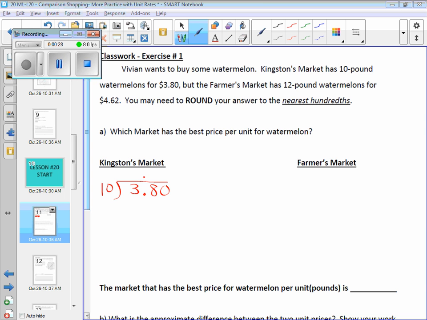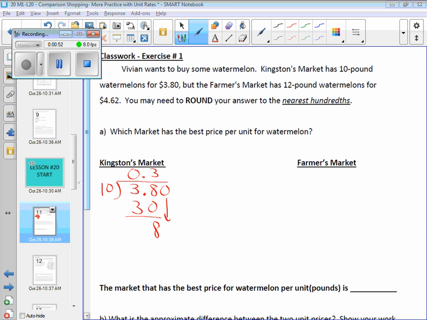Raise the rock up. 10 cannot go into 3, right? So now we are talking about a price that's going to be less than $1. 10 into 38. At least 3 times. What's 10 times 3? 30. Great. Our difference.